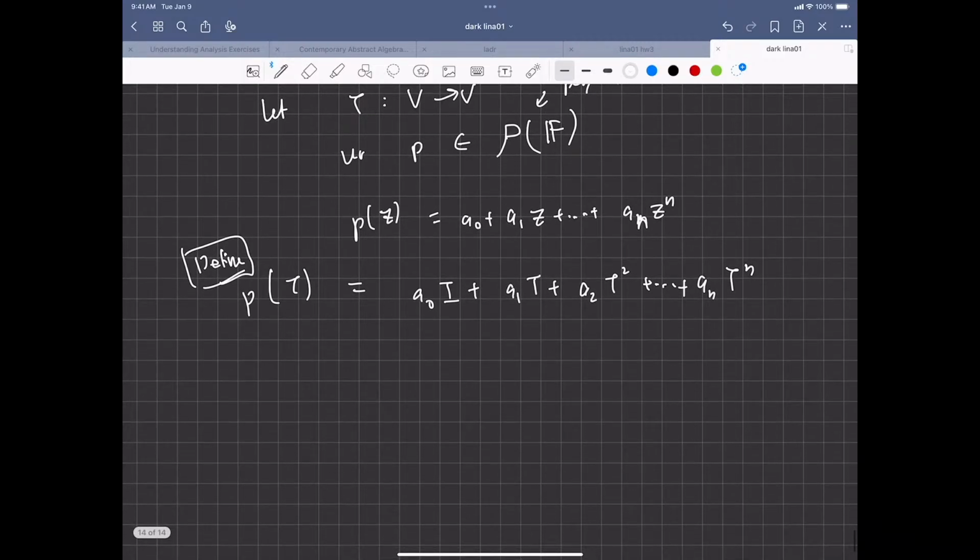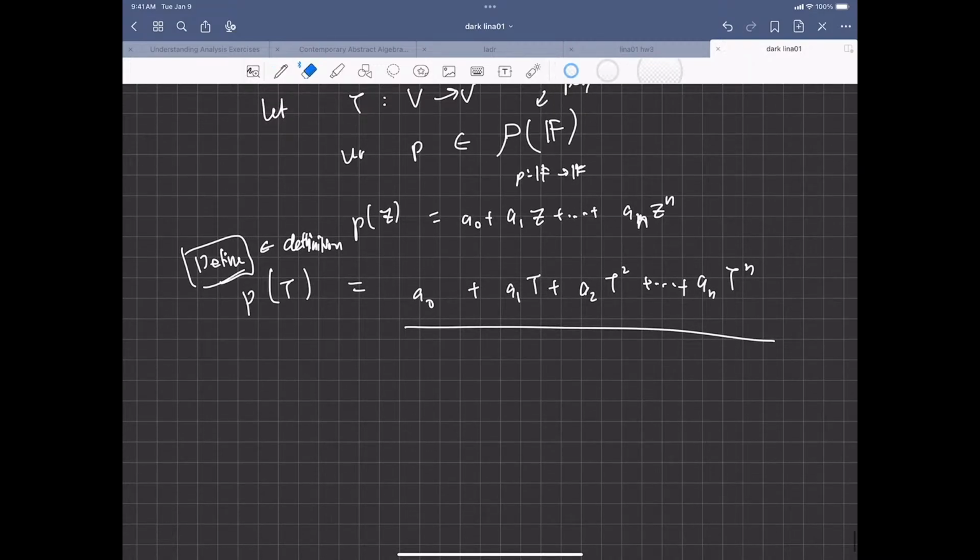This is kind of an abuse, because p itself was defined as a function from F to F, but for this we just define, to make our life easy, applying a polynomial to the operator T as this equation here.